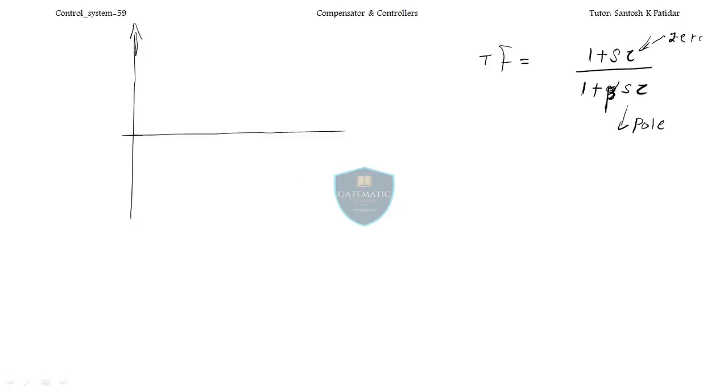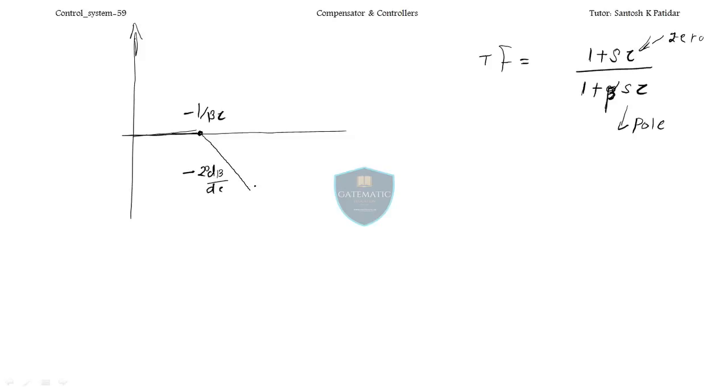So first you will get minus 20 dB per decade. Here I'm showing that first you get your pole, and that is at 1 by beta tau, so minus 20 dB per decade.